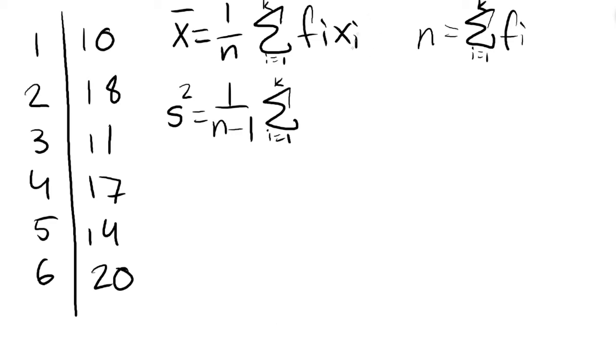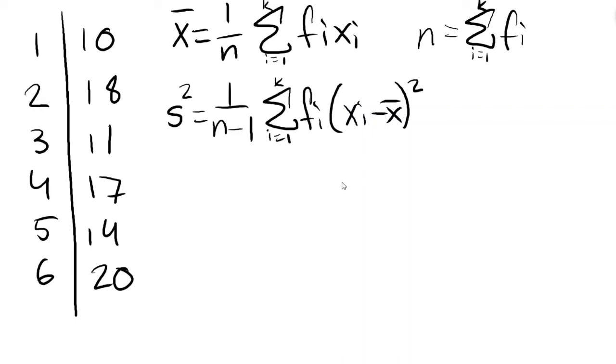And then we have fi times xi minus x bar squared. You might see that it's very similar to the difference between x bar with or without the fi. We just put in the fi, so we don't have to calculate this so many times, and same here. We just put it in the formula.